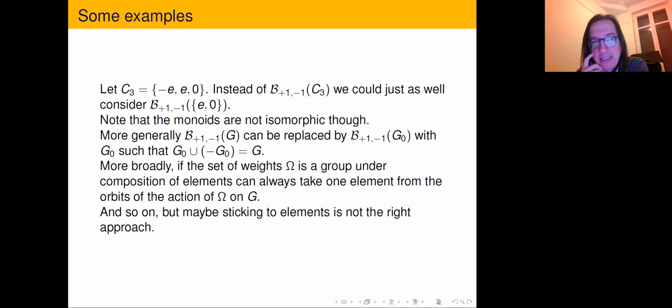But in some sense, maybe just sticking to elements is not the right approach, because if minus e, it's maybe more natural to write e than minus e, but here already I made an arbitrary choice: which G0 to choose here and which element does one choose from the orbit.